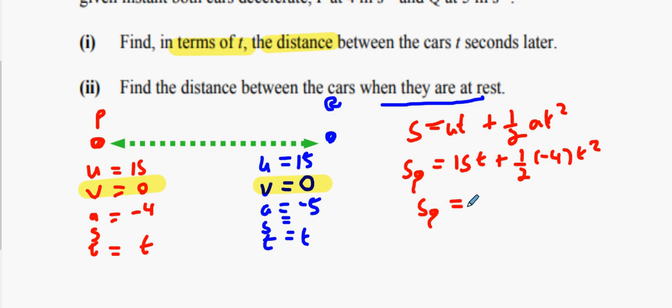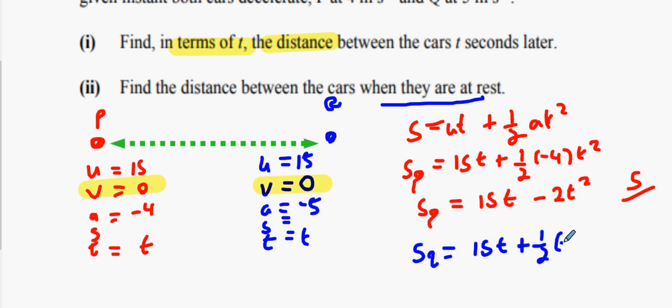SP is 15T minus 2T squared, alright? That went for 5 marks out of 30. SQ will also be 15T plus a half times minus 5 times T squared, 15T minus 5 over 2 T squared. That also went for 5 marks, so you're on 10 out of 30 already, okay?